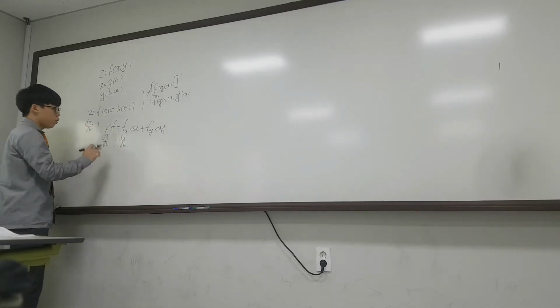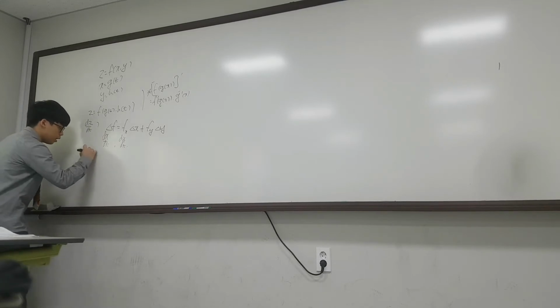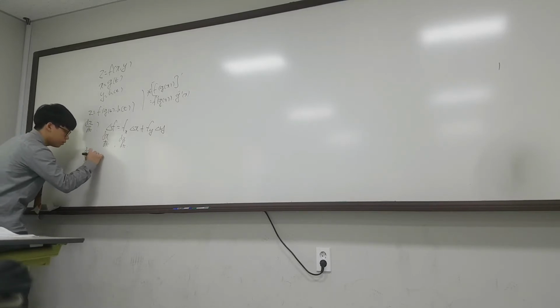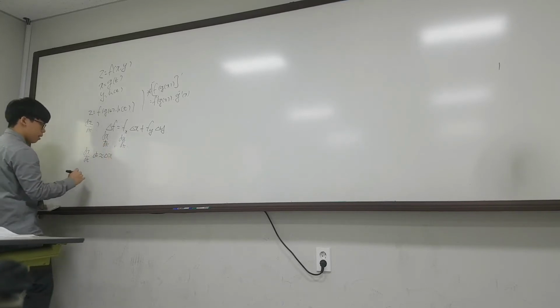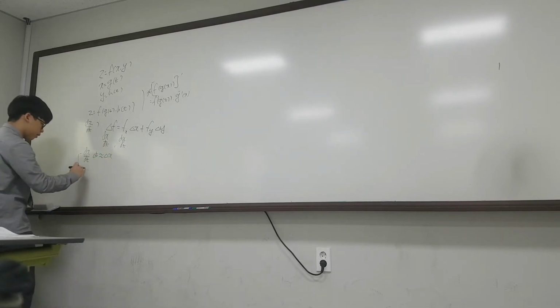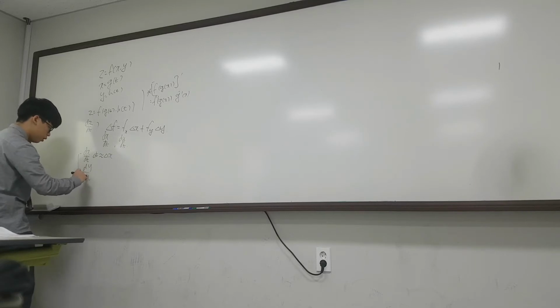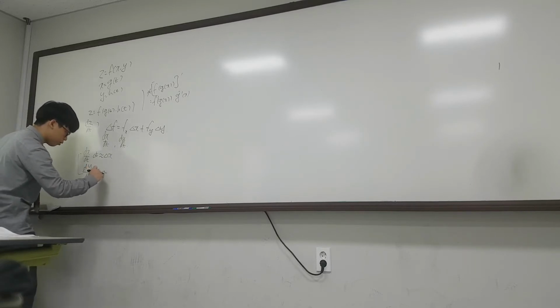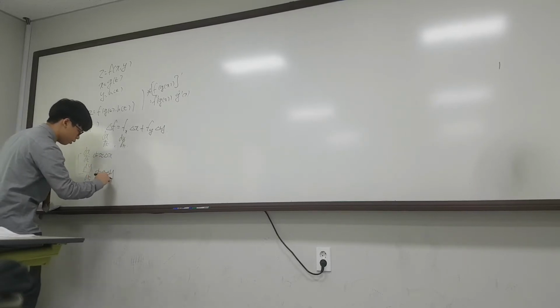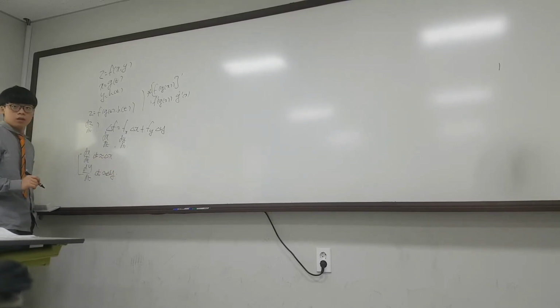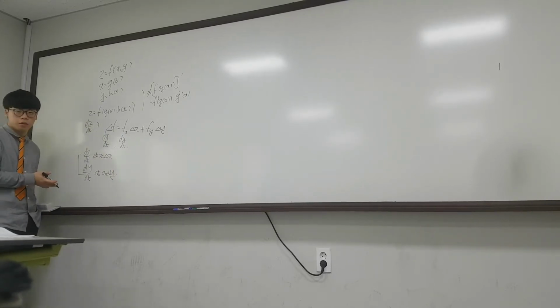By doing this, we can say that dx dt times delta t is approximately delta x, and dy dt times delta t is approximately delta y. Is everybody with me up to this point?